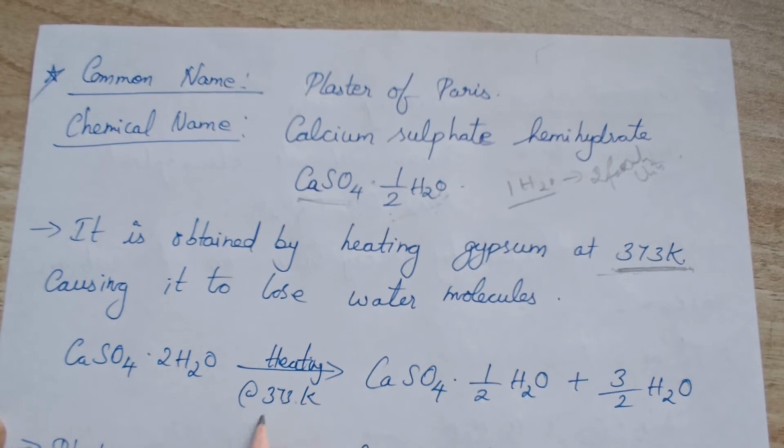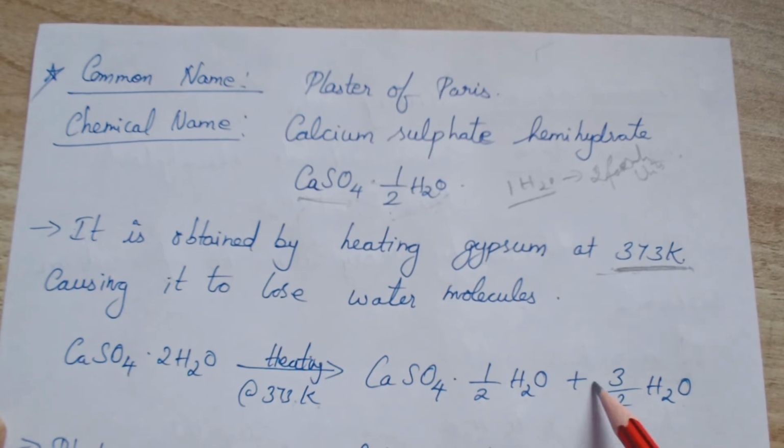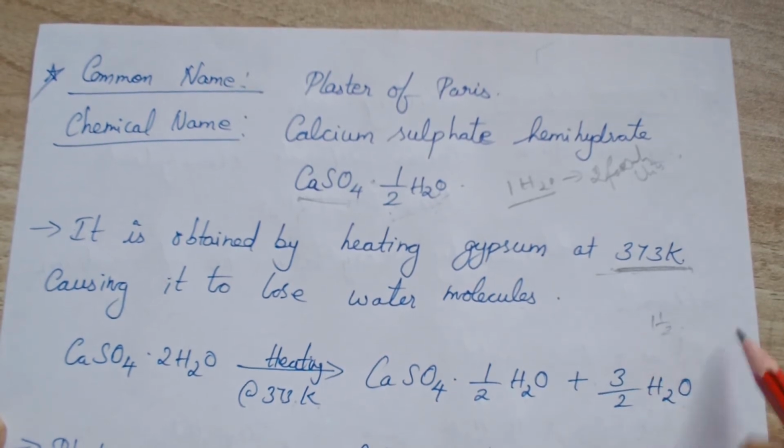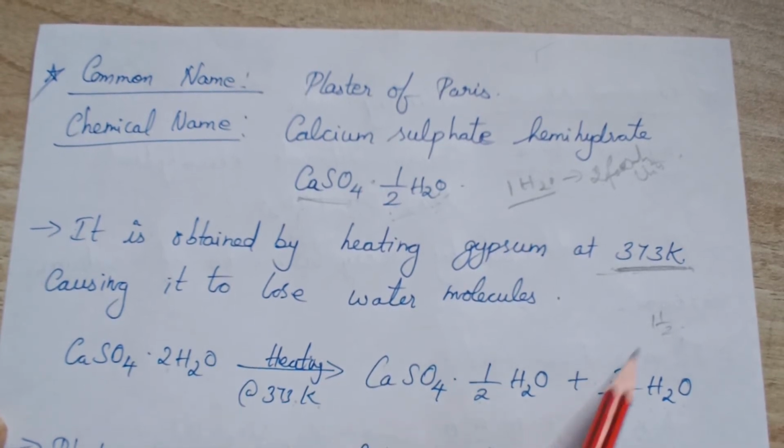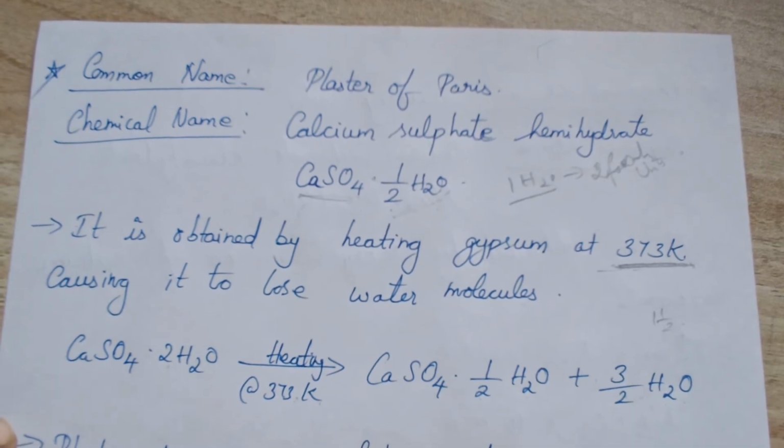CaSO4.2H2O upon heating at 373 Kelvin gives CaSO4.1/2 H2O plus 3/2 water molecules. That means 1.5 water molecules. Because it contains two water molecules, half a molecule is retained in the CaSO4 and the other 1.5 comes out as vapor.